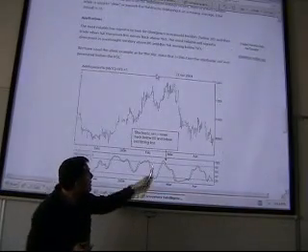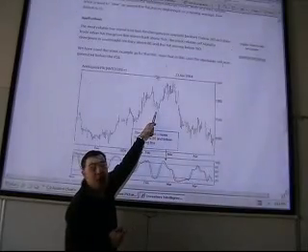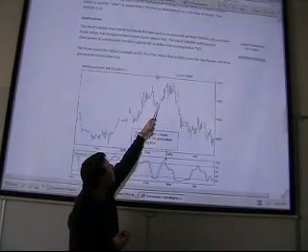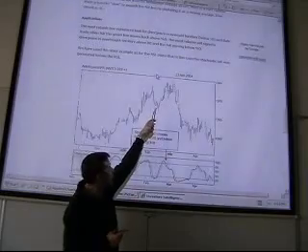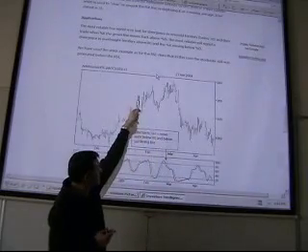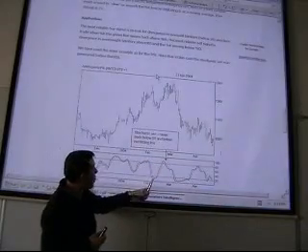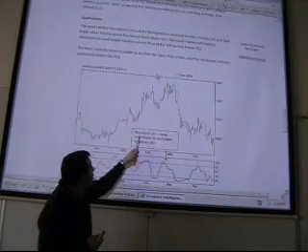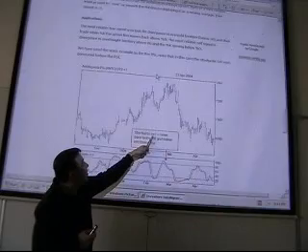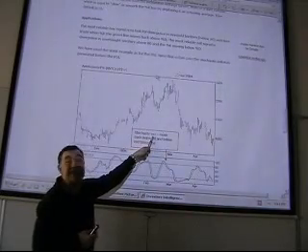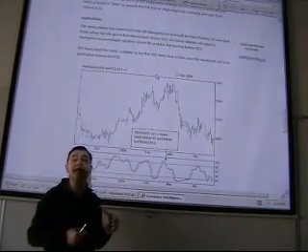So this one here would be a nice buy position, and you can get in for 10-15 days of trading and sell out in the overbought condition. So from oversold to overbought, this is what is called a stochastic sell.